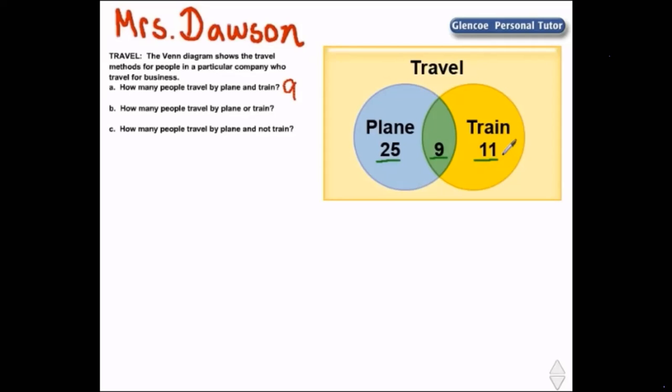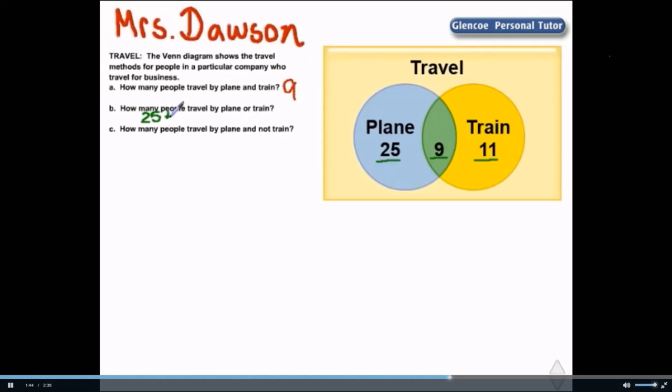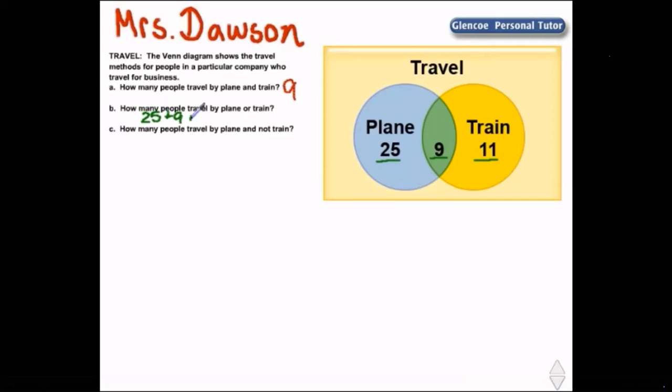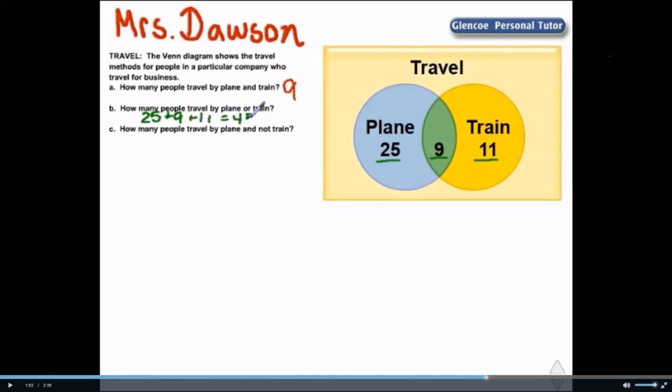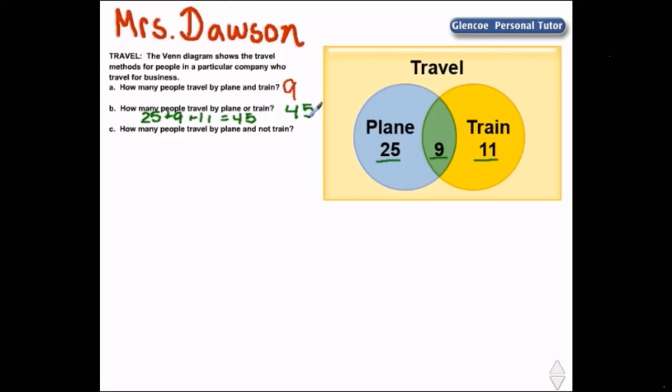To find the union of those sets, we will find the sum of all three numbers. 25 plus 9 plus 11 is 45. And you add them all together because it had the word or, and that's the union of the sets. The word disjunction is also applicable, and it's true if at least one of them is true. So that's why you use all three of them. There are 45 people who travel by plane or train.